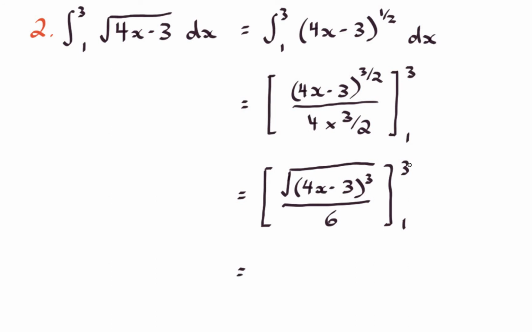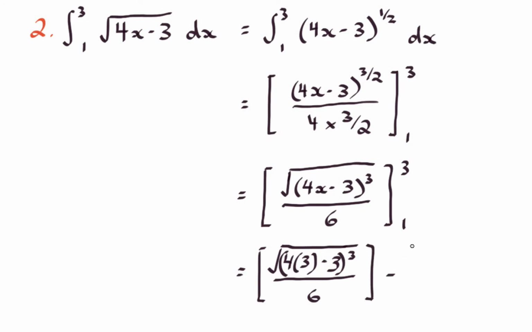Now let's apply the fundamental theorem of calculus, where we substitute in 3 and then we subtract what happens when we substitute in 1. So we have 4 lots of 3, minus 3. Now all of this is cubed, as well as being under the square root.